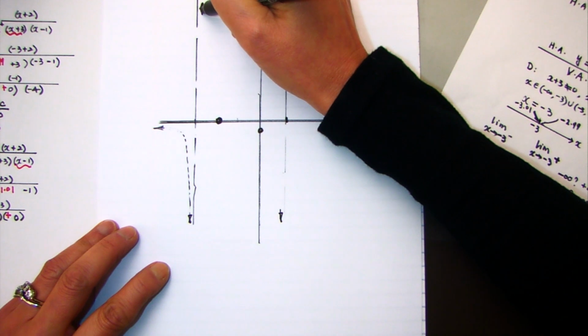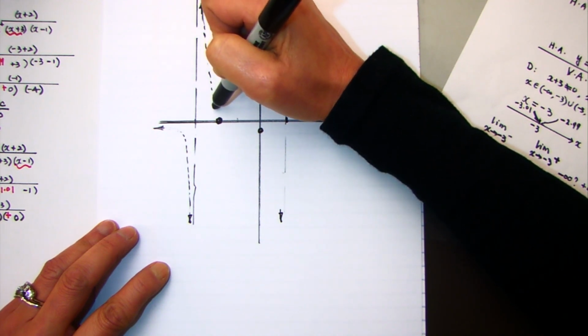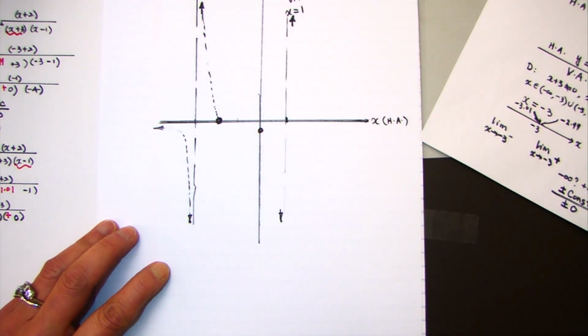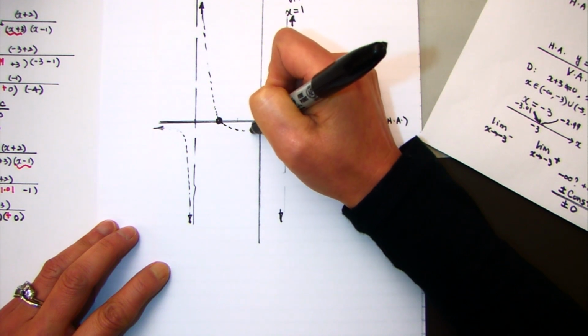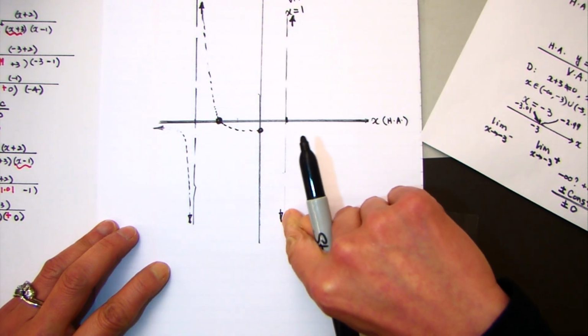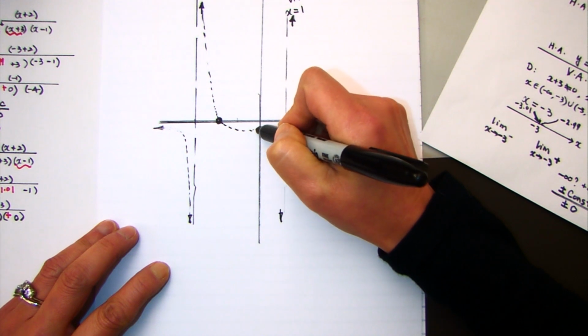So you're going to come down, and you're going to pass the intercept. And you're going to keep on passing the intercept. And then look, you have to drop down now. So bend.